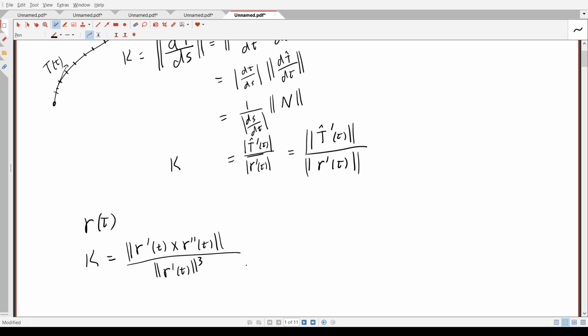So this is useful when I don't want to have to compute tangent vectors, and I just have r, and I can take the derivative of that, and that can make things quite a bit simpler.